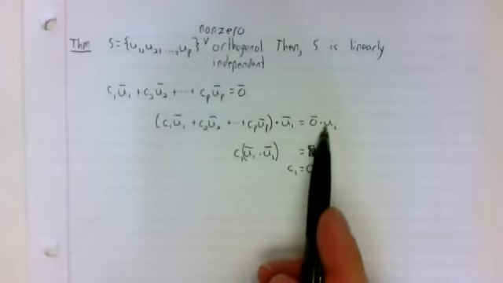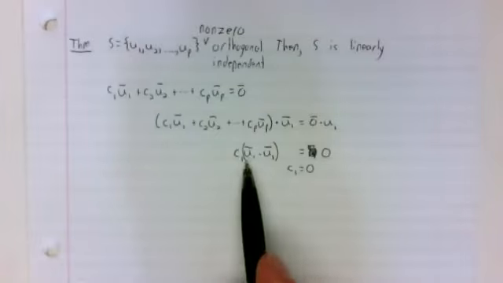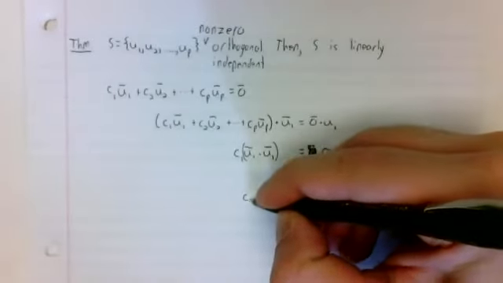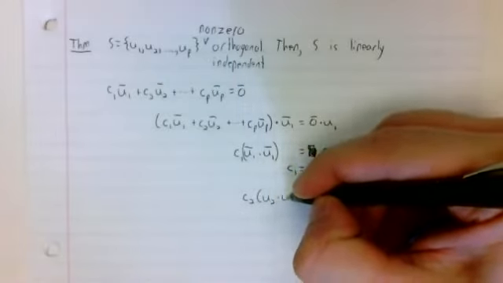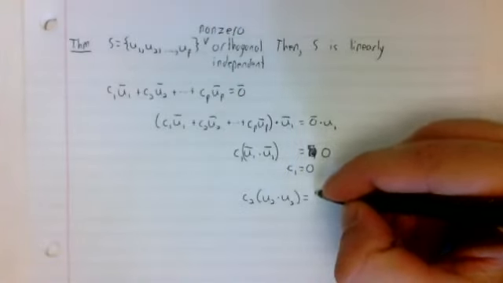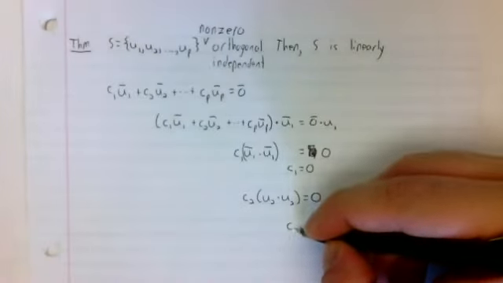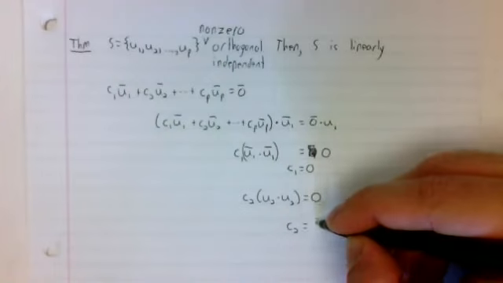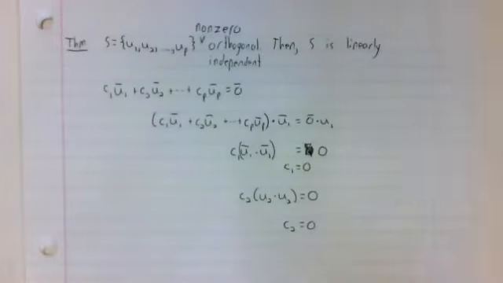If you used u sub 2 up here, you'd have gotten this same thing, except with c sub 2 and u sub 2. And the exact same argument would tell you that c sub 2 equals 0, and so on down the line.